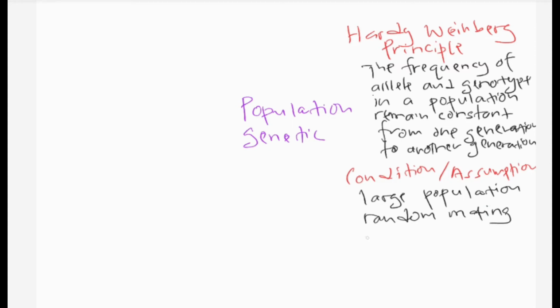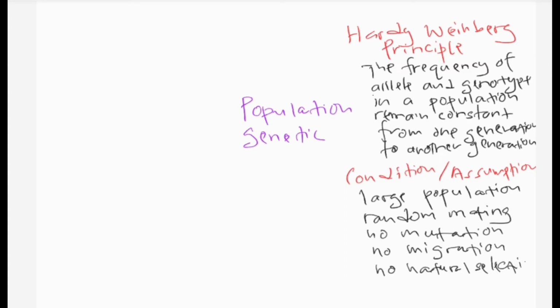The third one is no mutation. The fourth one is no migration. And the last one is no natural selection. No need to explain. Just state: large population, random mating, no mutation, no migration, and no natural selection.